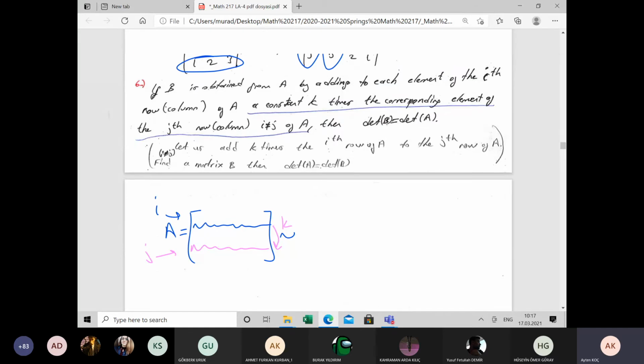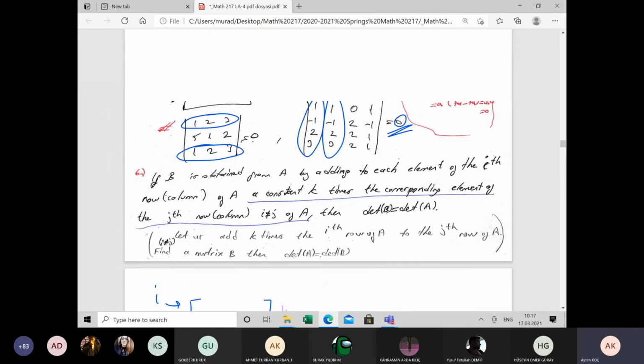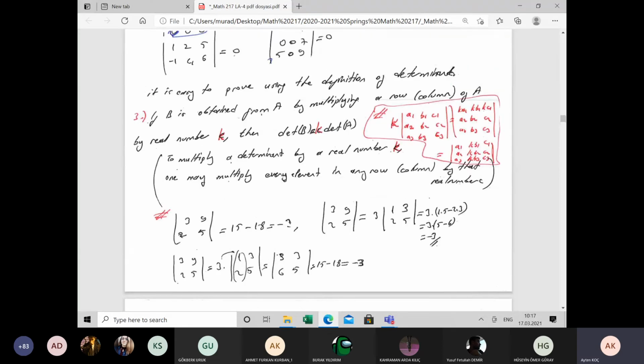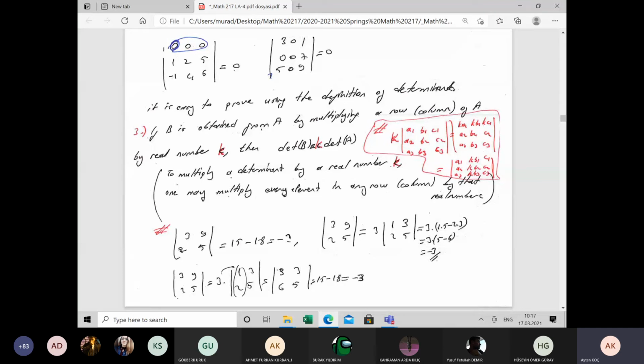But be careful, let's come back to one property. Which property? Multiplying by k, where k should be non-zero, because otherwise every matrix's determinant would be zero, multiplied by zero.